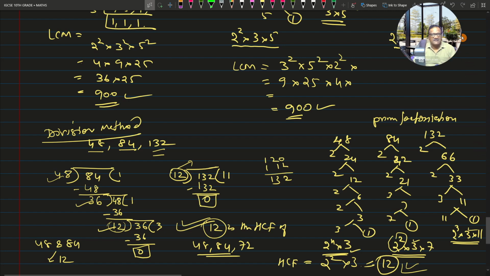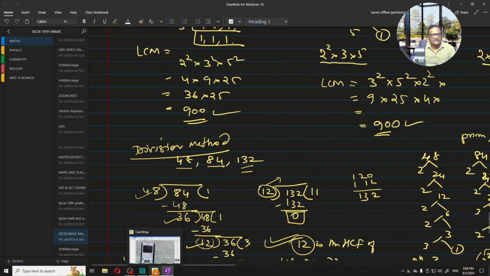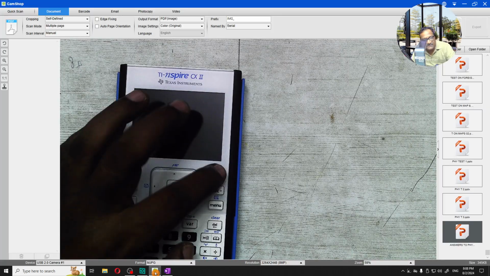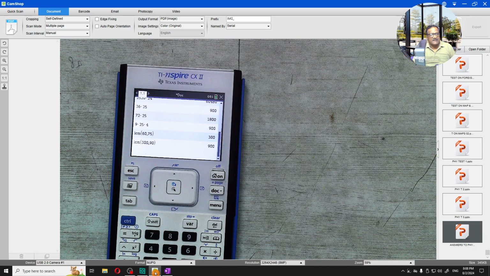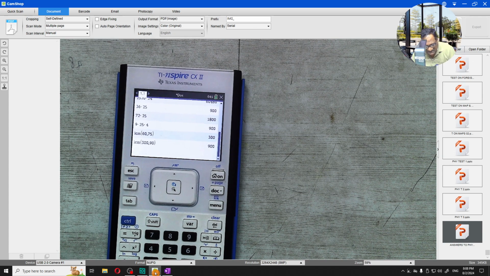Okay, so let us go for the GCD method. So here you can see your calculator. I'll type GCD, greatest common divisor.